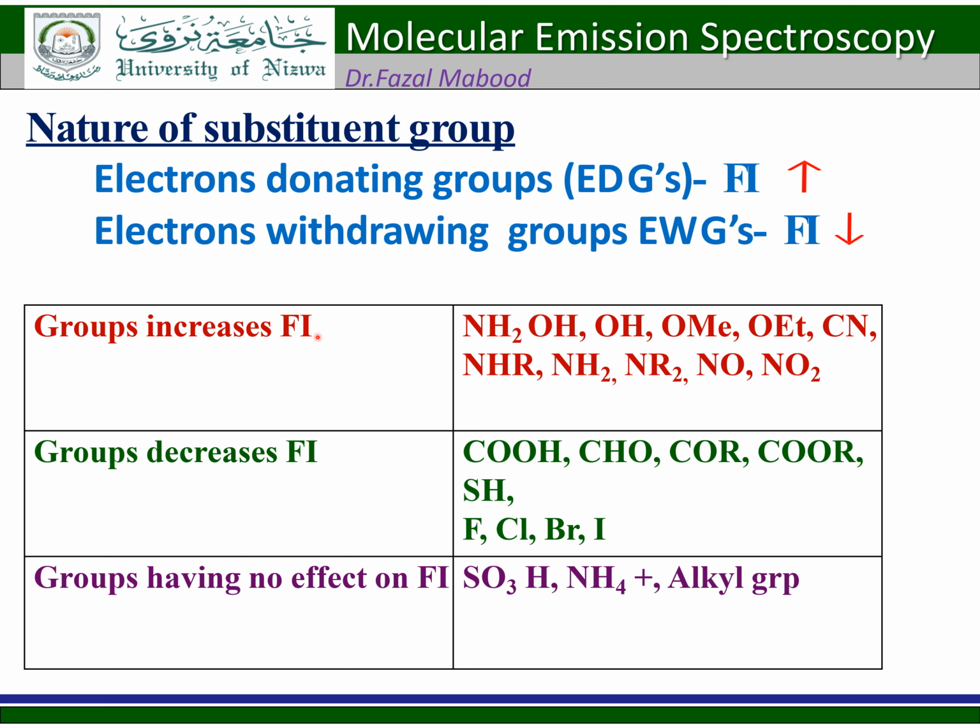Groups that increase fluorescence intensity: NH2, OH, OMe. Groups that decrease the fluorescence intensity: COOH, CHO, COR. Groups that have no effect on fluorescence intensity: SO3H, NH4 plus, alkyl groups.